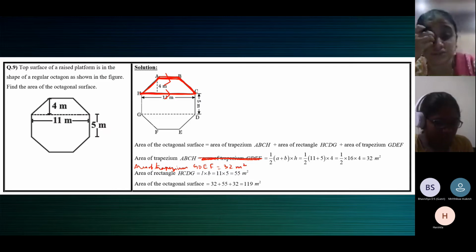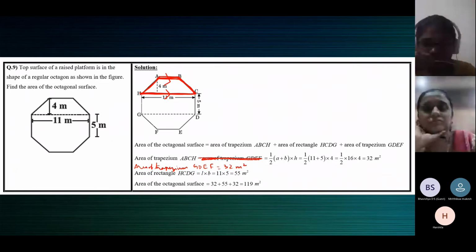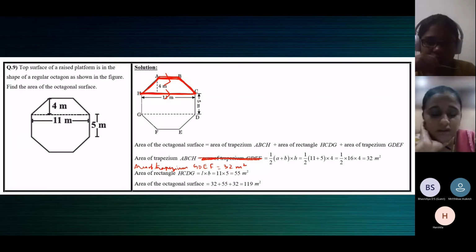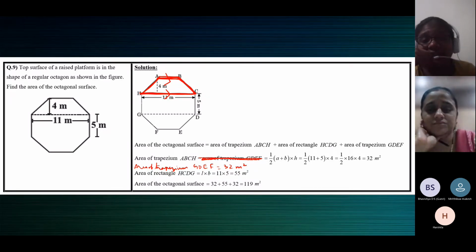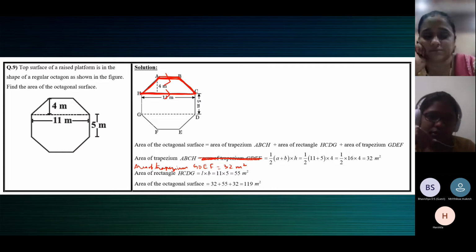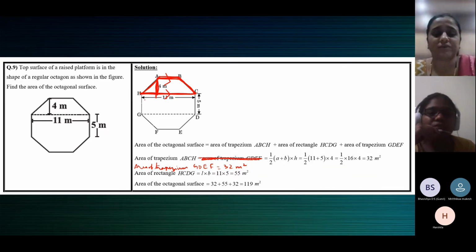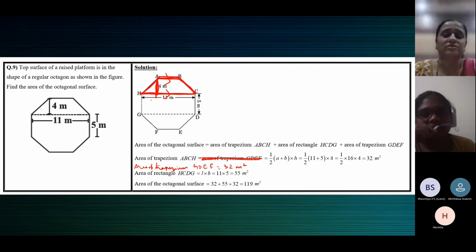How much is CH? CH is 11 meters. What is the distance between the two parallel sides? 4 meters.